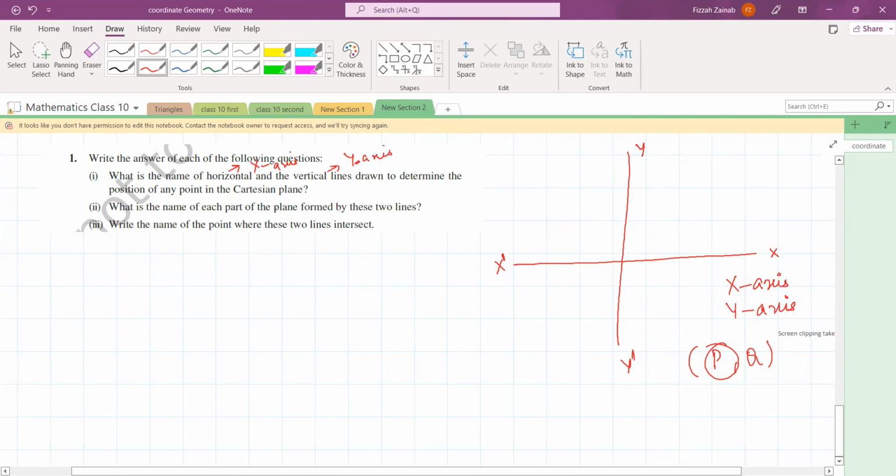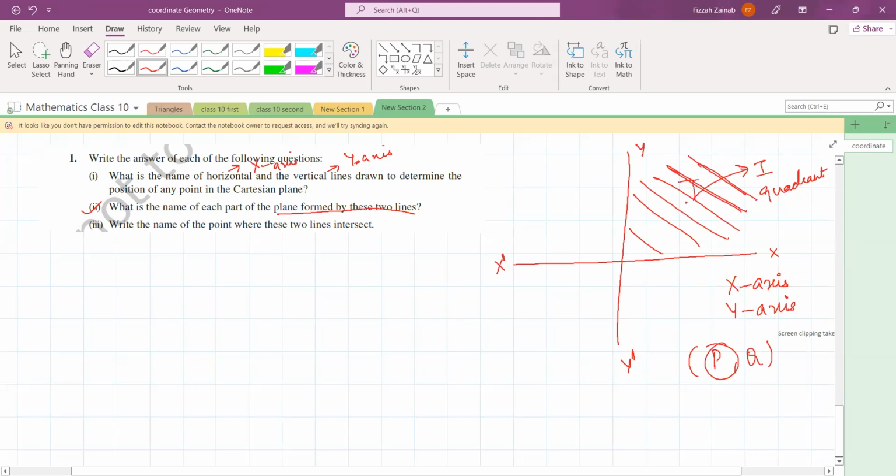What is the name of each part of the plane formed by these two lines? Each part of the plane, that means this is the first part, right? What is it called? First quadrant. Yeah, they are asking each part of the plane formed by these two lines. So you have to give a name to each of the parts.